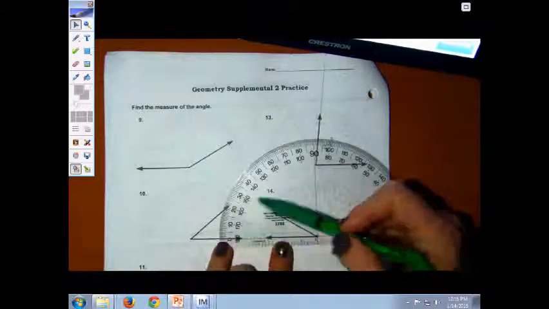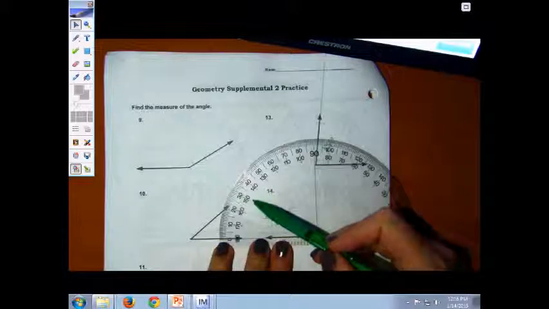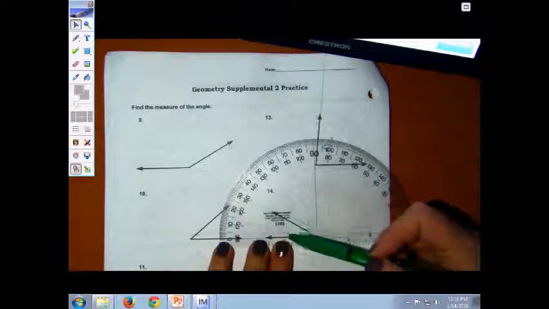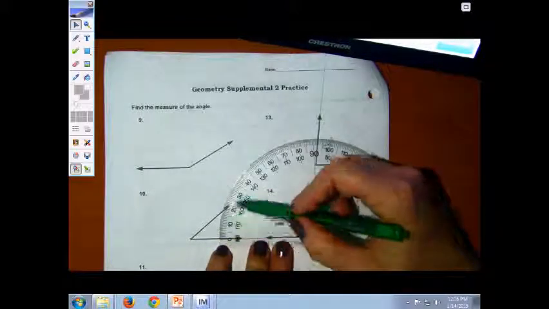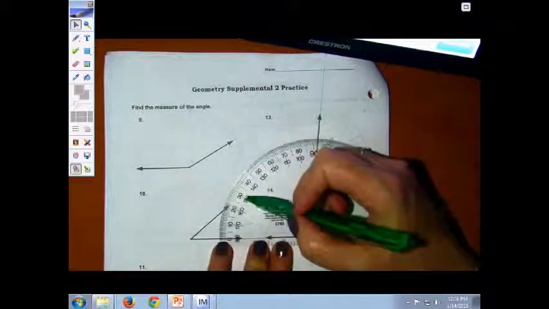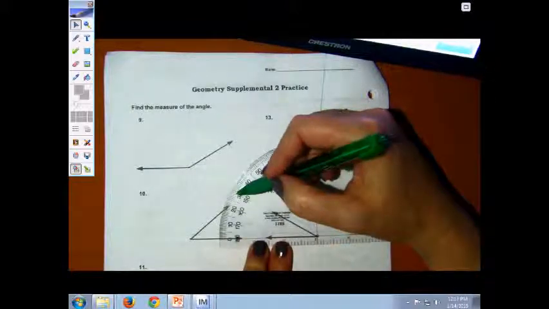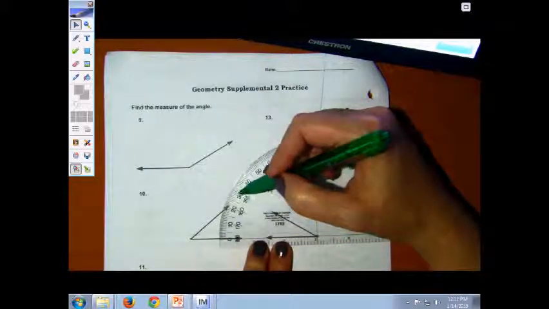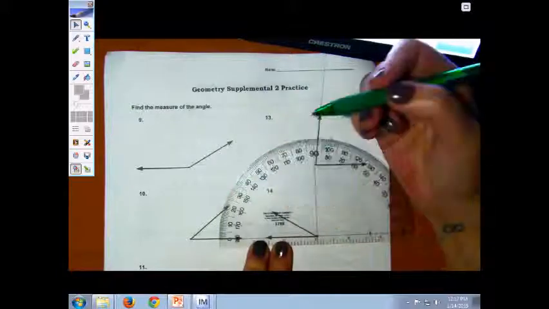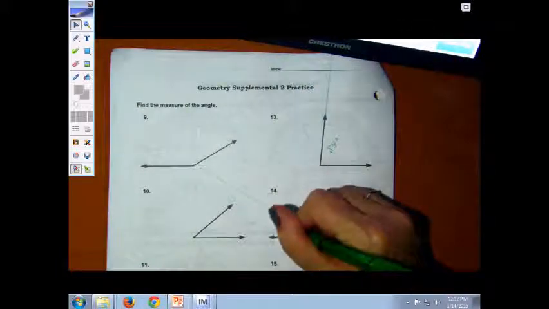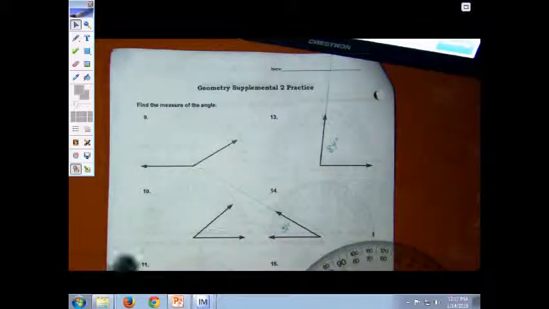Now I'm not going to read 150 because this is a small angle. So I'm going to use the outside numbers in this case. This line right here is 30, but I'm not quite on that line. I'm one line over, so it's 31. But if you wrote 30 or 29, if you're within 5 either way, then it's good enough.